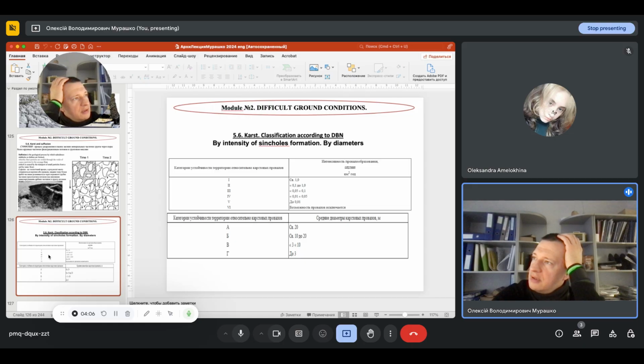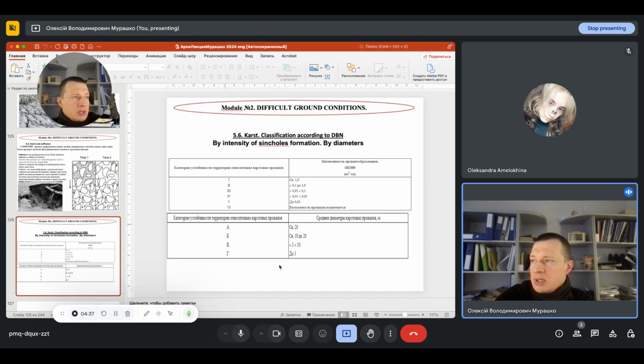And we have the next classification of sinkholes according to Ukrainian building codes, and here it is. We have six main categories of karst sinkholes, and the worst case scenario is the first category, with one karst sinkhole per square kilometer per year.